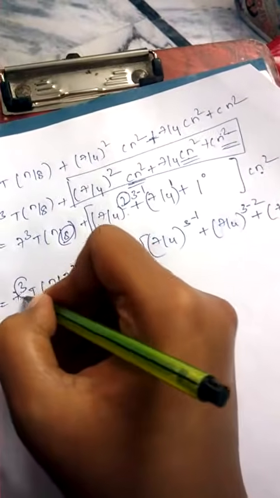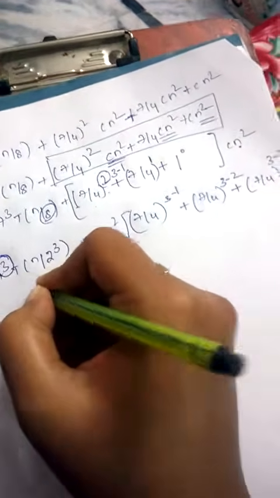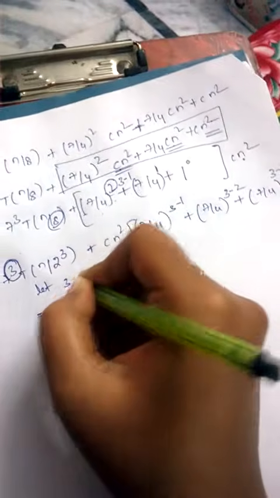Now I am taking 3 as k, so let 3 equal k, or k equal to 3, anything, let it be.